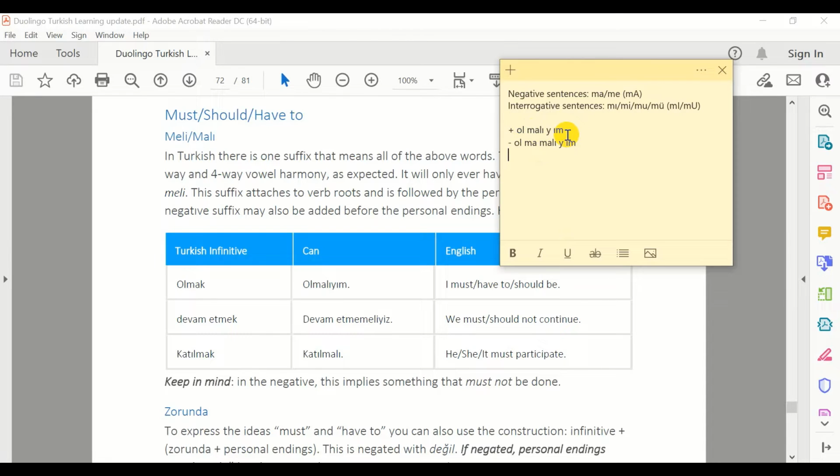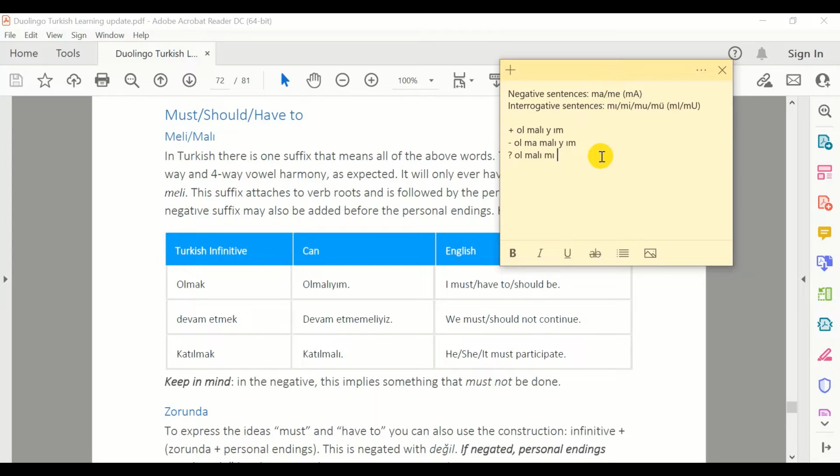And here the interrogative sentence, you only need to add one of these question suffixes at the end of your sentence. Ol meli. Now add this question suffix. Which one should I choose? If you can remember the vowel harmony, you already know that here I can choose this suffix, ol meli, mi.